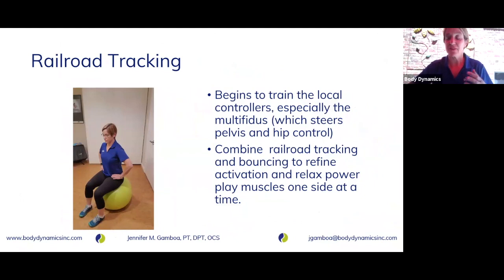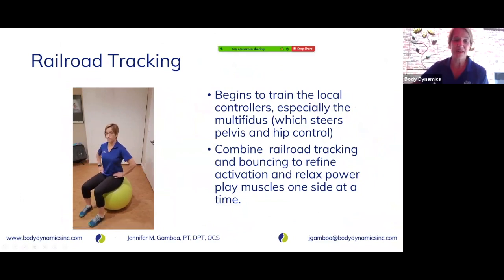Then we have, again, if you've been with me, you've heard me talk about railroad tracking. So railroad tracking, I'm going to play this video and see if you can start to see what's happening with my legs there. So I'm seated, and sorry, I've added a bounce in there. I'm going to pause right there.